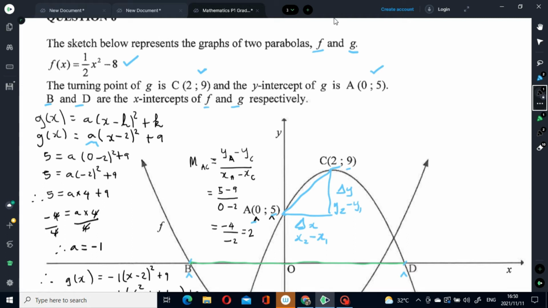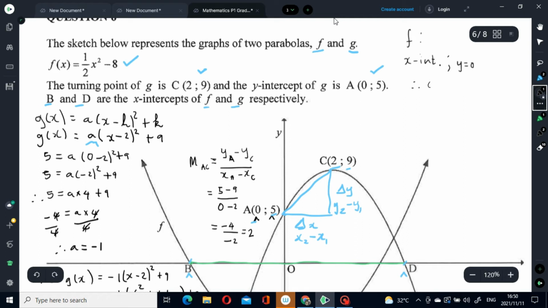So I'm going to write it as follows. For the function f, to find the x-intercept, if you let y equal 0, then you plug y with 0, and we can get the x-intercept.